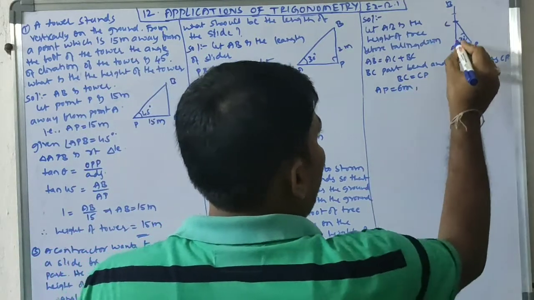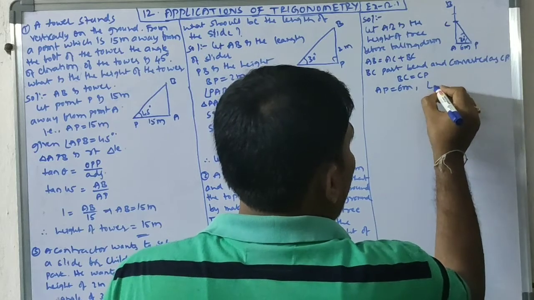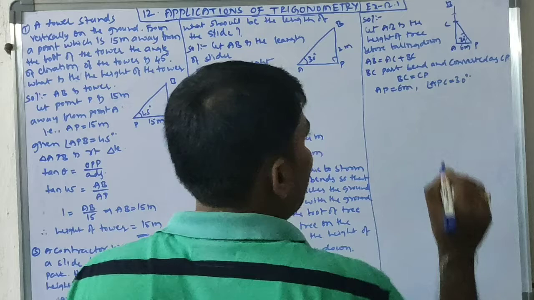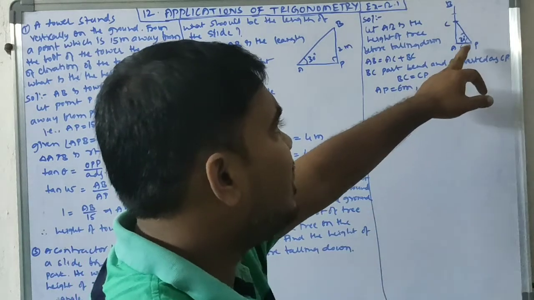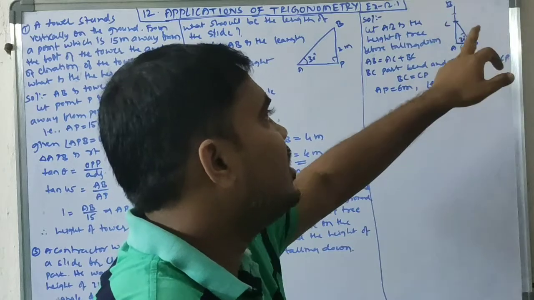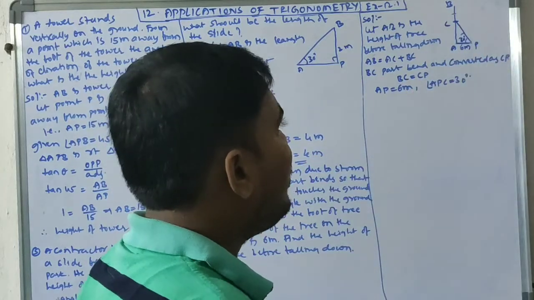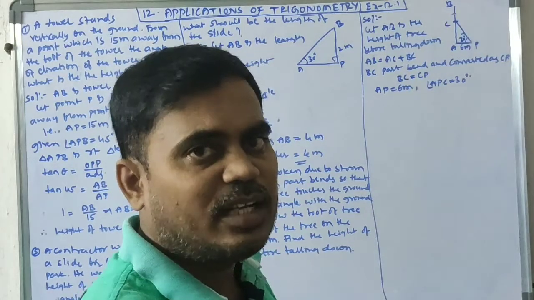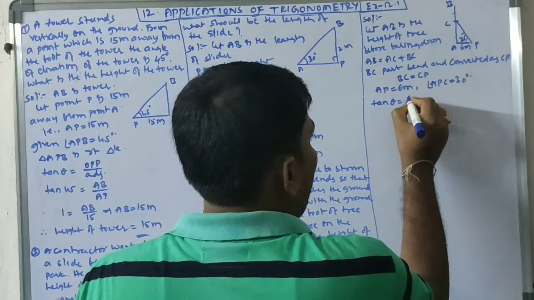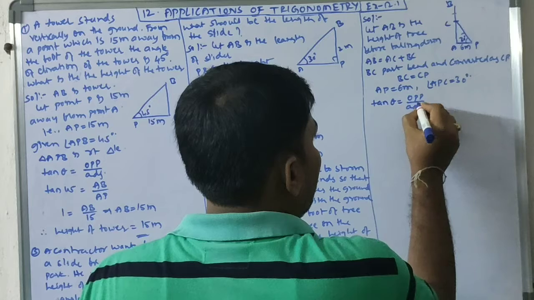6 meters, and angle APC equal to how much? 30 degrees. So this 6 meters is adjacent. We need the opposite side and hypotenuse. First, the relation between opposite side and adjacent side: tan theta equal to opposite by adjacent.